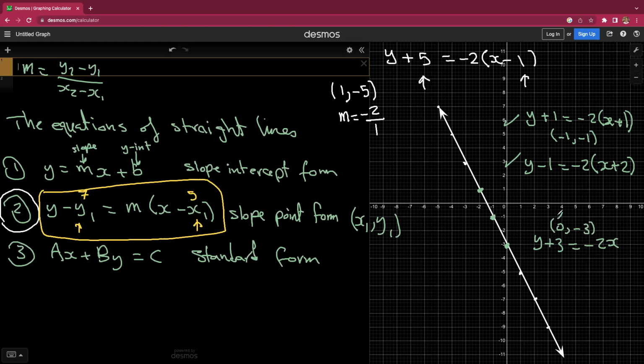So it's x1, y1, and if it's y minus -3, which is y plus 3, equals -2, and then x minus 0. X minus 0 is the same as x, so just get rid of the -0 because it doesn't do anything. That's why we left it as -2x. Makes sense?